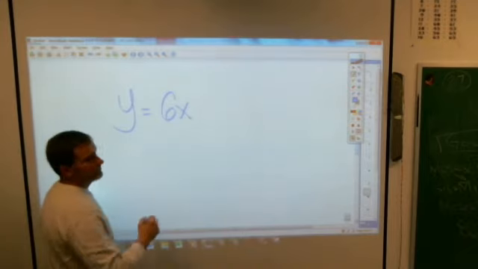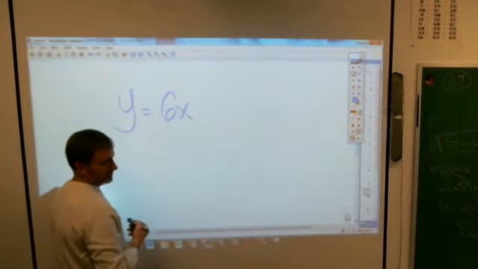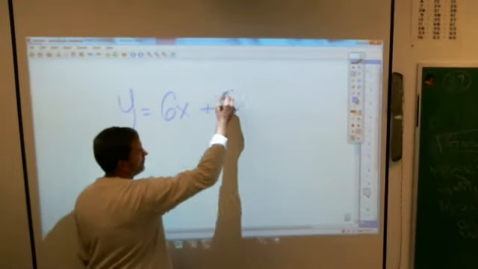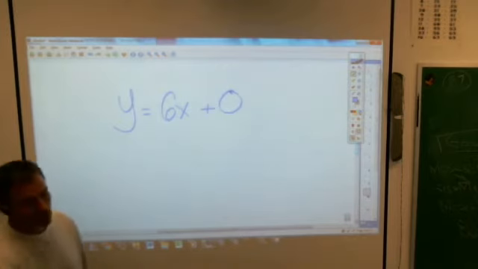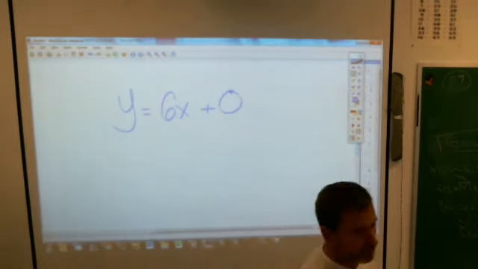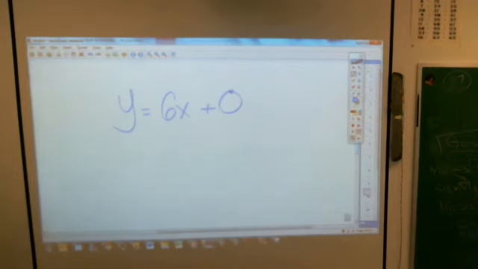The slope would be 0. Well, no, slope is 6. The y-intercept, you could always put a plus 0 there. Let's just do that. What is the graph of y equals 6x? Well, the y-intercept is 0, and it has a slope of 6 over 1.